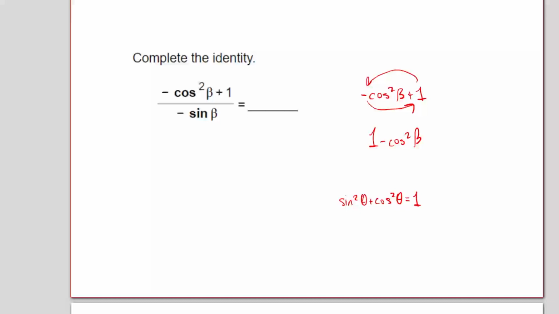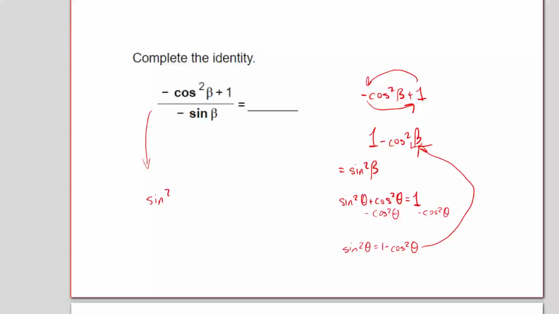If I subtract cosine squared theta on both sides, we get sine squared theta is equal to 1 minus cosine squared theta, which is the exact same thing we have right here, just that theta is beta. So this is equivalent to sine squared of beta over negative sine of beta.